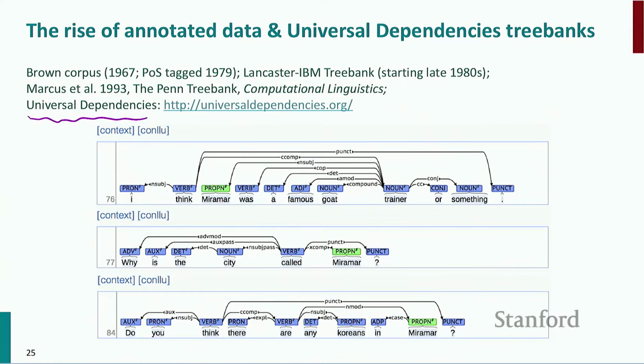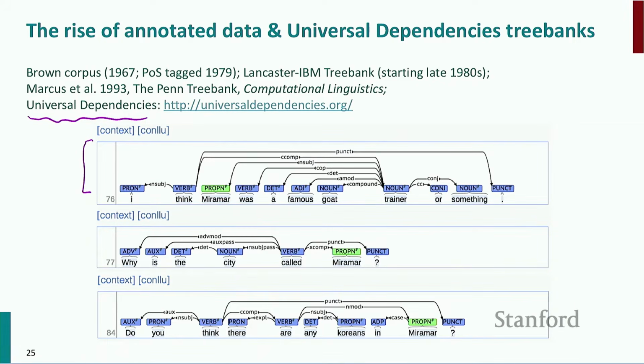What these are is taking sentences, like "Miramar was a famous goat trainer or something," and putting a dependency structure on it. It's all written there, very squished down, and human beings are producing these dependency structures, and this gives us data that we can learn dependency parsers from.